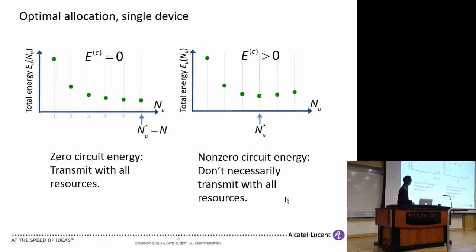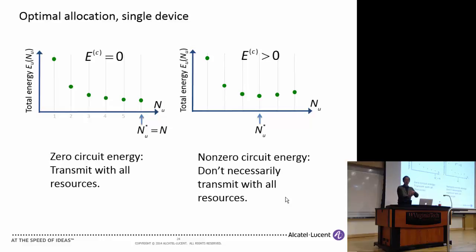N total resources. Now, if you have non-zero circuit energy, then this function is no longer monotonically decreasing, and in fact depends on EC. So there's some optimal value of N, number of resources, to minimize this total energy. And this makes sense, right? Imagine that the overhead circuit energy is extremely high. Then every time you use a resource, you're going to incur this cost.